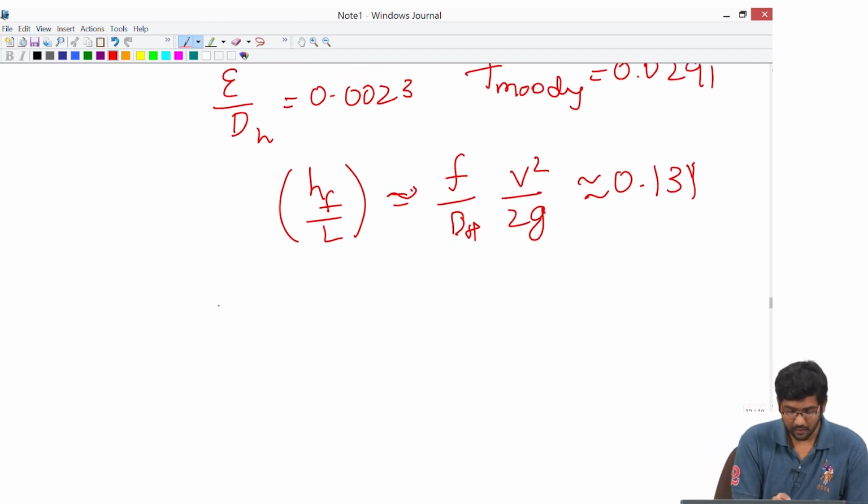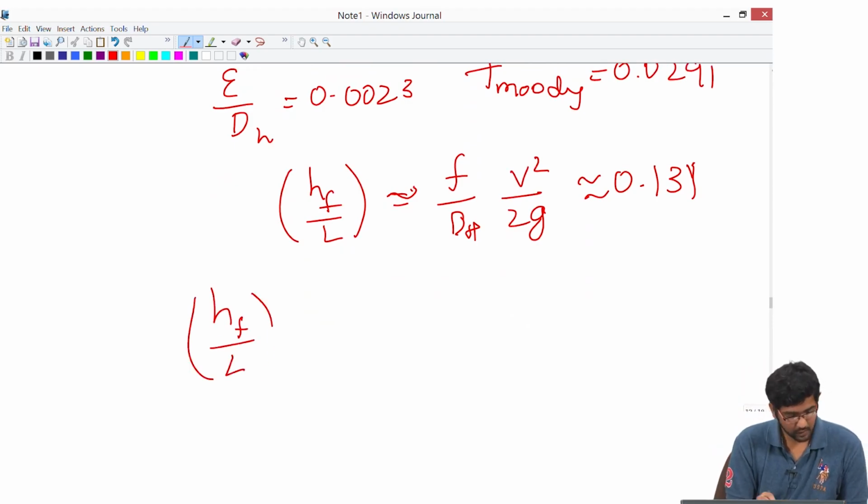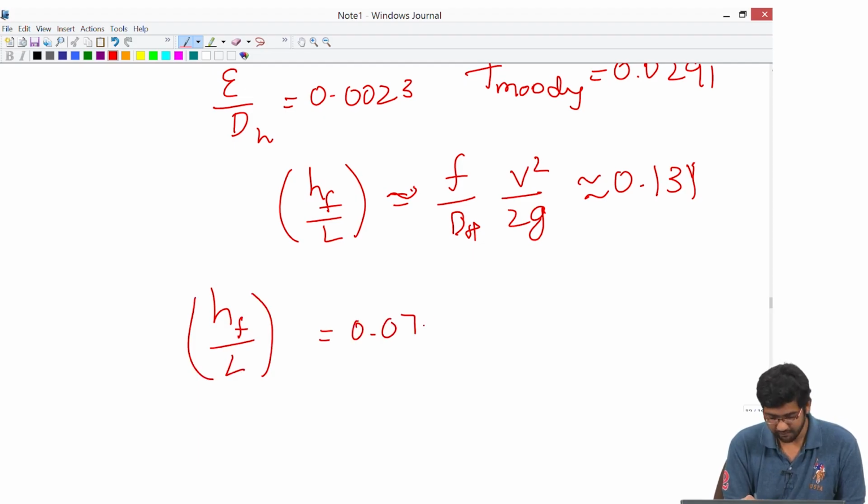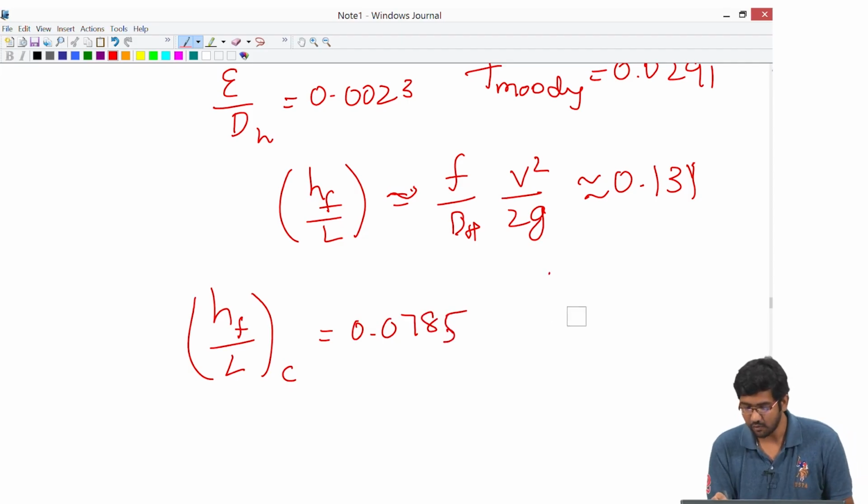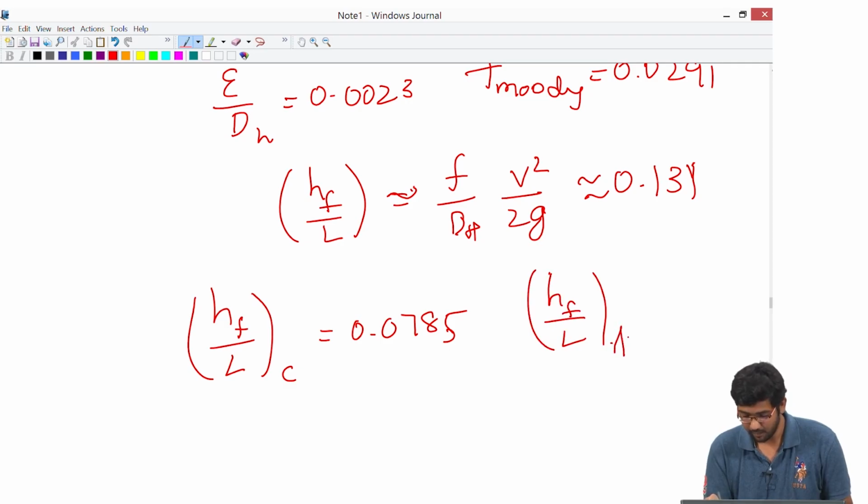If I compare the values of head loss, for the circular pipe it is around 0.0785, whereas for the annular pipe it is going to be around 0.131.